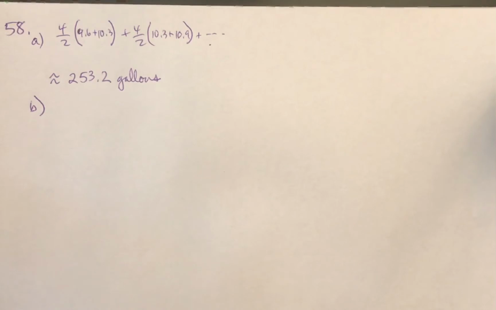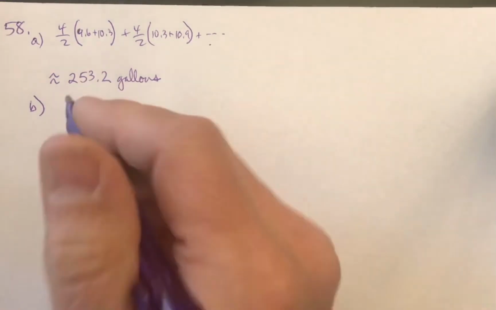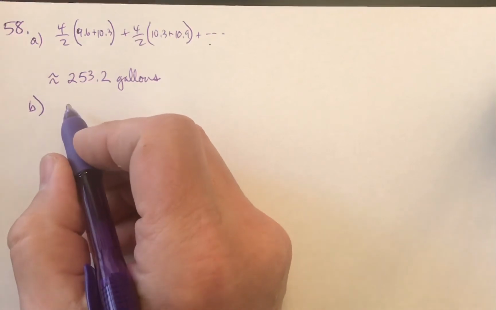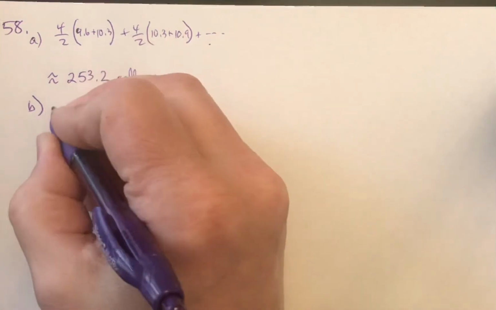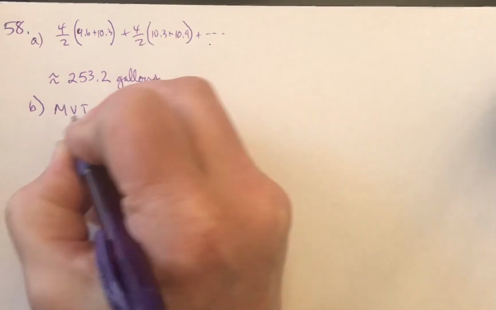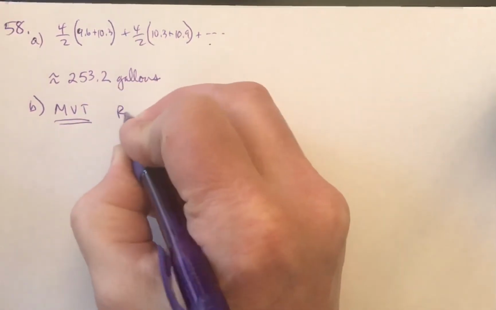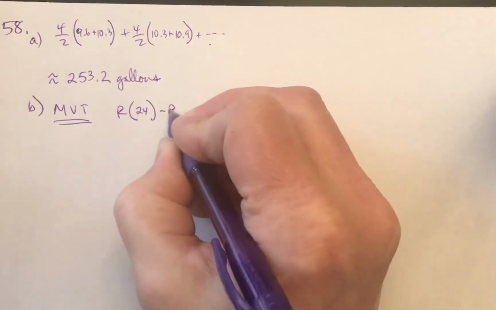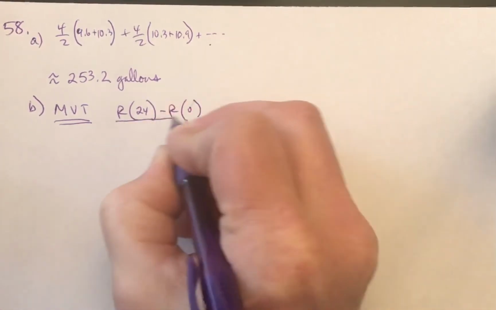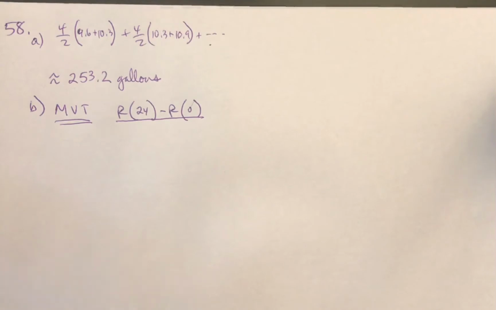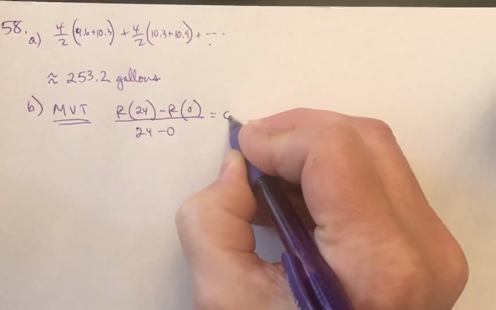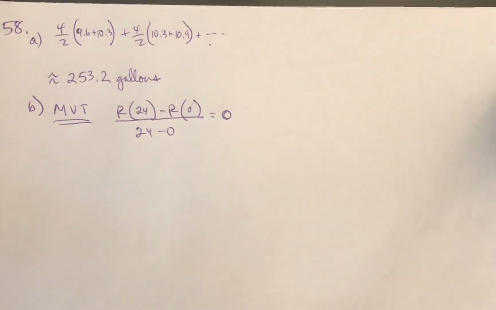Now for part B, oftentimes when we see this question about R prime of t equals 0, it signals that we are talking about the mean value theorem. And if you take the rate at 24 minus the rate at 0, over 24 minus 0, that gives us a rate of 0.